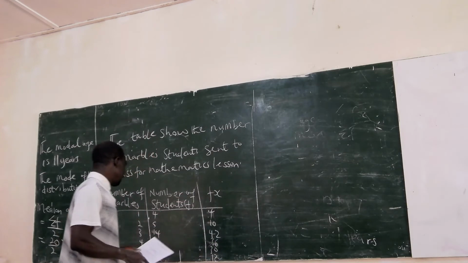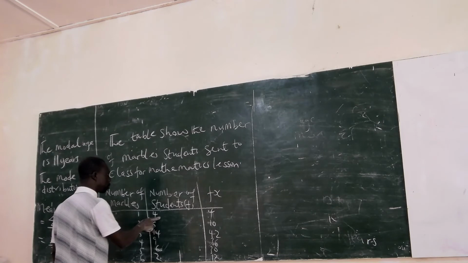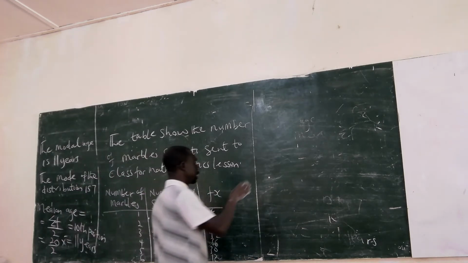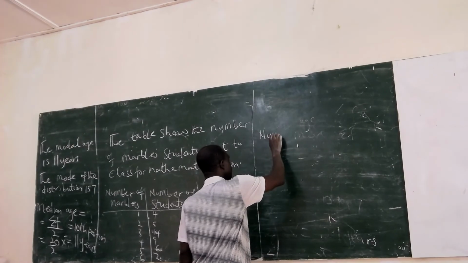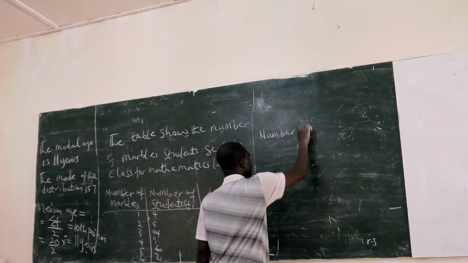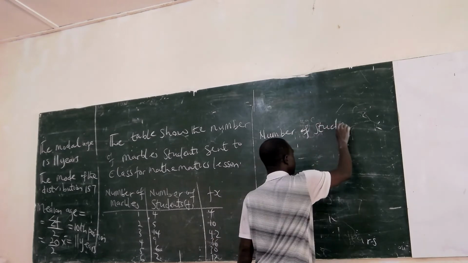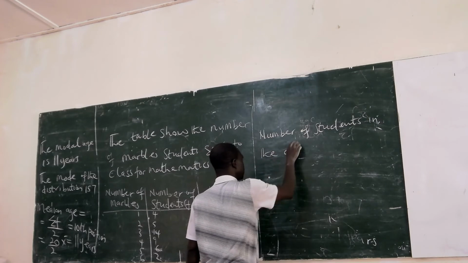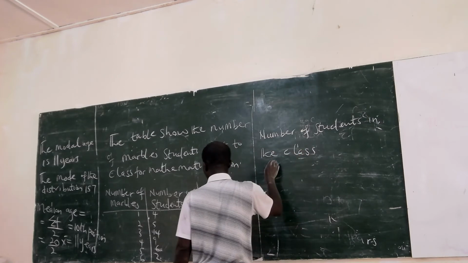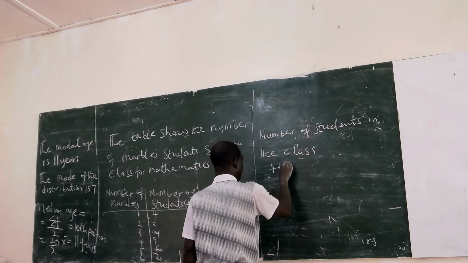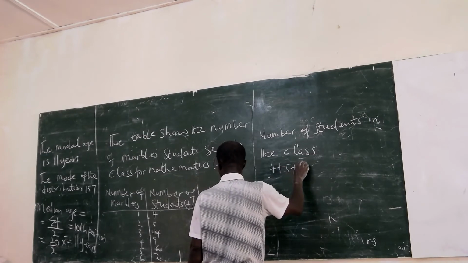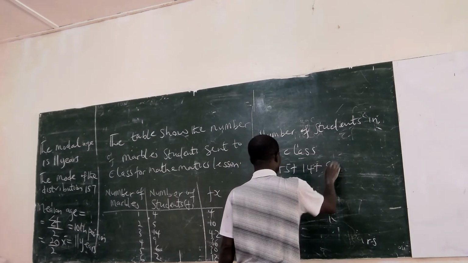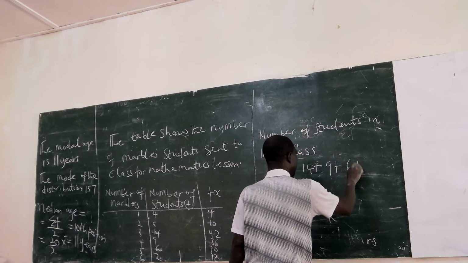The number of students in the class, we are going to sum up the number of students here, right? This will be 4 plus 5 plus 14 plus 9 plus 6 plus 2.